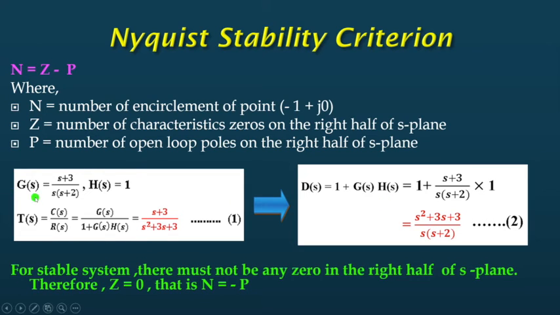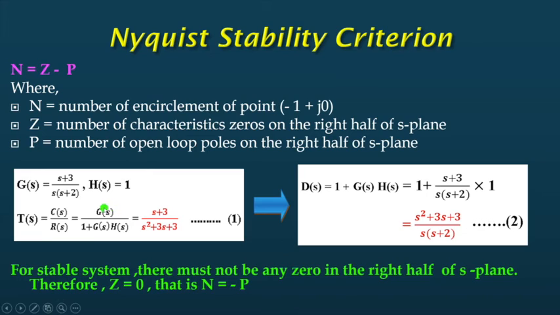Consider an example. Given the open loop system transfer function G(s) equals (s plus 3) divided by s(s plus 2). Unity feedback system, so H(s) is equal to 1. Then take the closed loop transfer function T(s) equals C(s) by R(s).